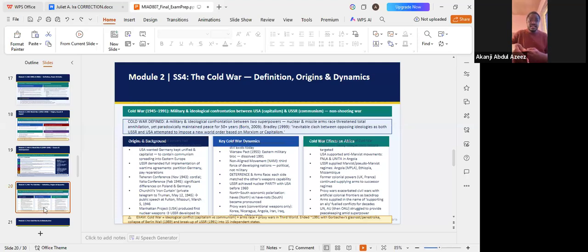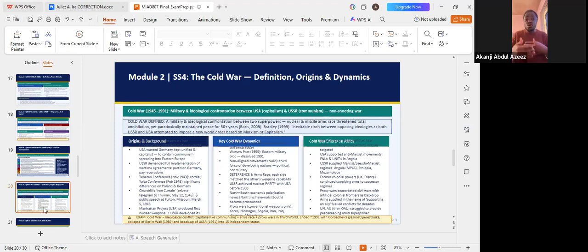Understand? The two superpowers did not confront themselves militarily, but there was intense competition through diplomacy, proxy war, and arms build-up. Listen, we call it a Cold War.